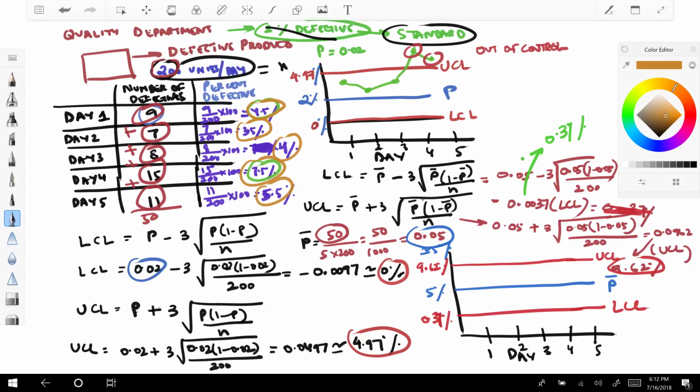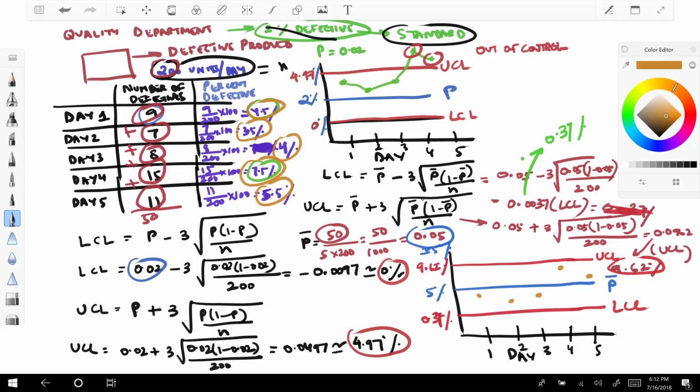So 4.5 would lie somewhere here, and then 3.5 would lie somewhere here, 4 would lie somewhere here, and then 7.5 would lie somewhere here, and 5.5 would lie somewhere here.